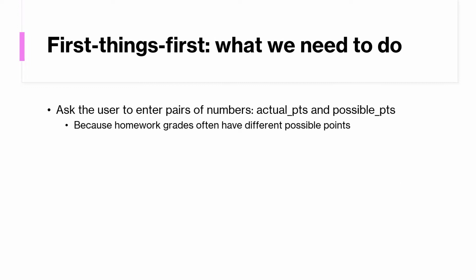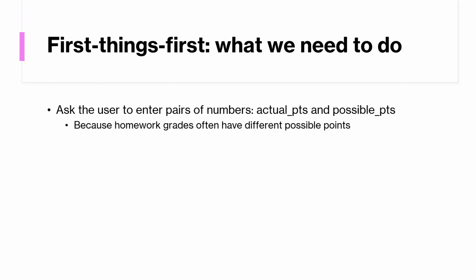Okay, but before we write a program, we always need to plan the program. Very fond of the t-shirt that says weeks of coding can save hours of planning. So let's try to plan out our program here before we start writing the code. Well, what do we need to do? We need to ask the user to enter pairs of numbers. There's going to be an actual points and a possible points.